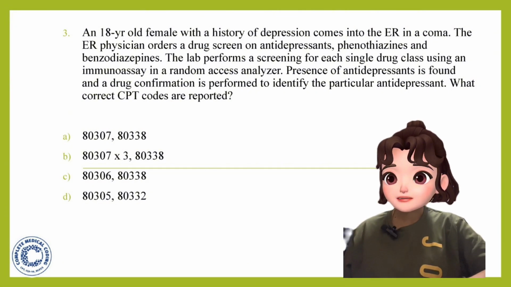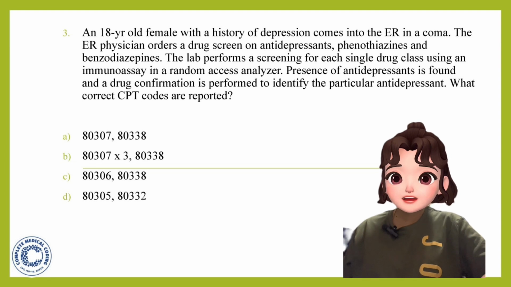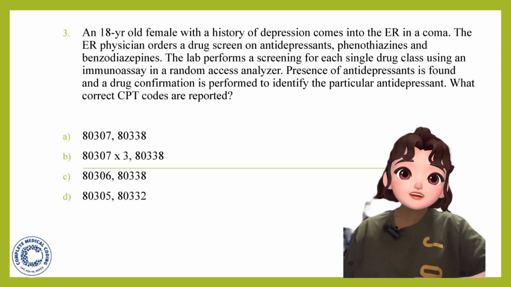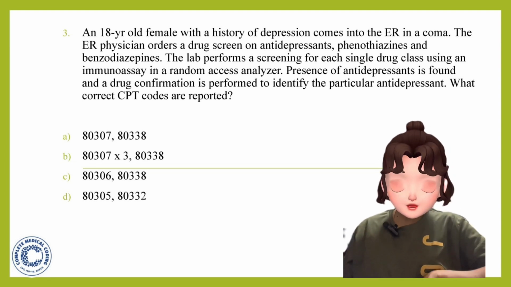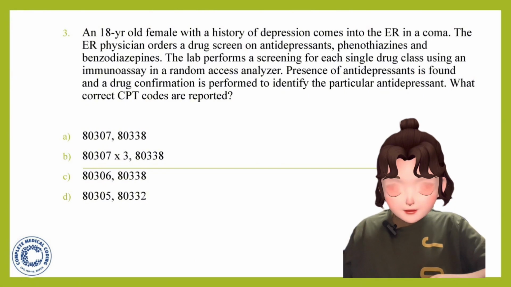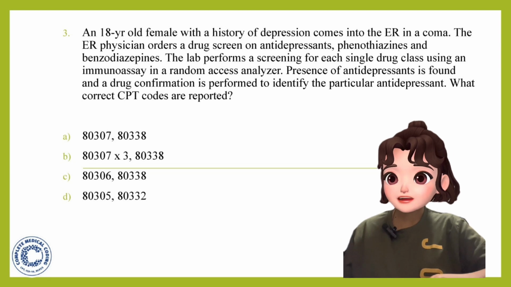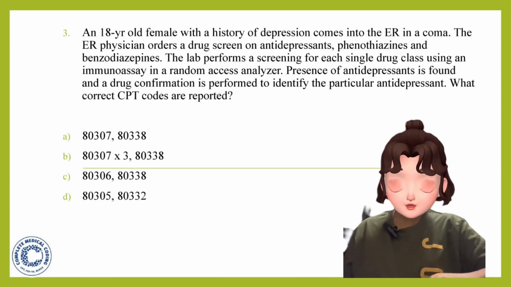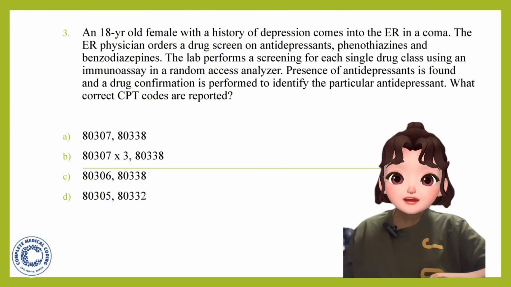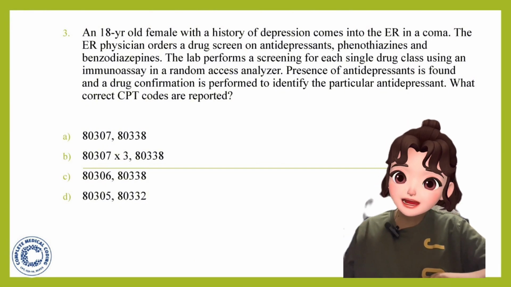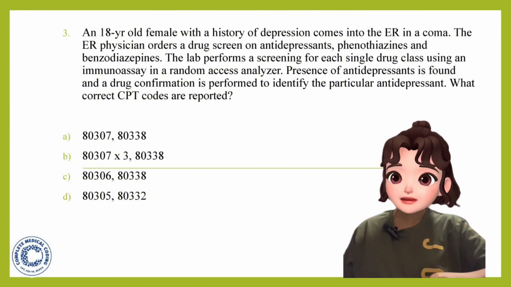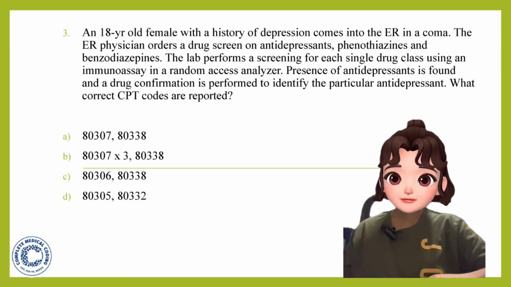In the code description it is mentioned any number of drug classes, so that's fine. Any number of devices or procedures by instrument chemistry analyzers. Yes, here immunoassay is being carried out in a random access analyzer, so this is carried out by the instrument chemistry analyzer. So this has to be the first code.